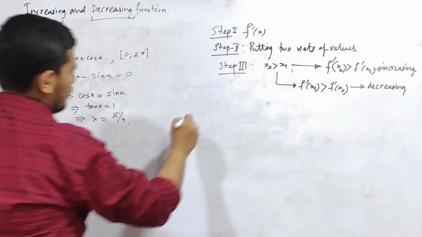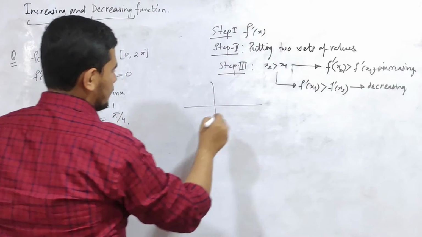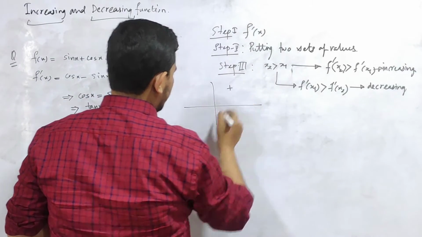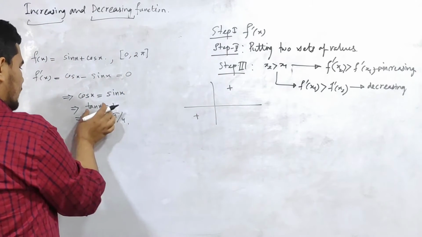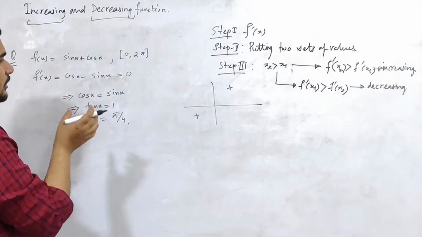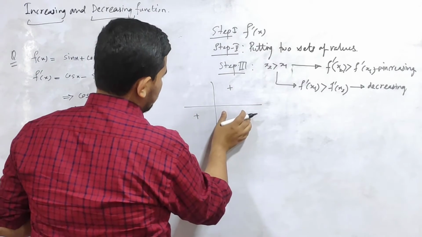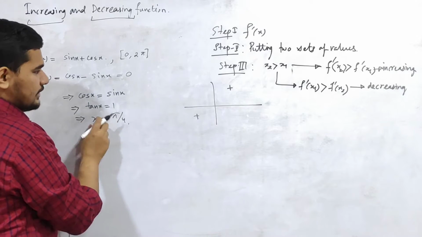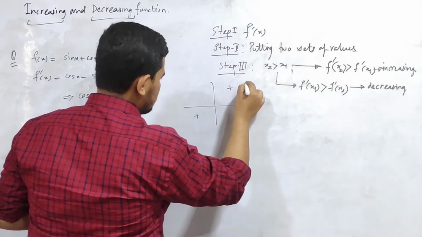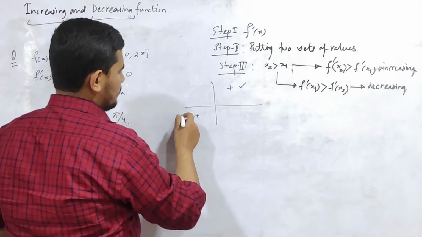Now here again I will tell you one concept: tan x is positive in this quadrant and in this quadrant. So when tan x is a positive value, the angle x here can lie in this quadrant or in this quadrant also.